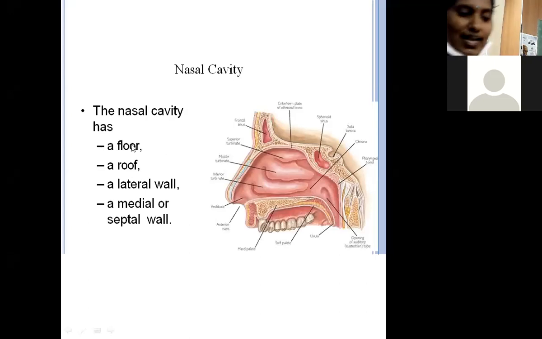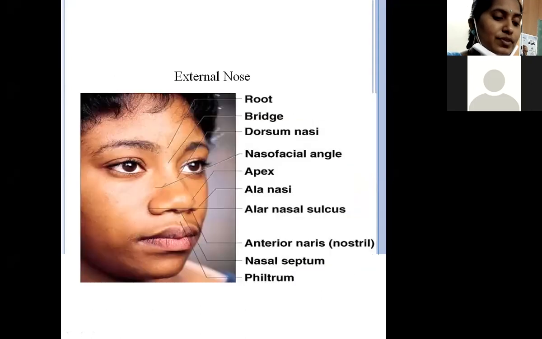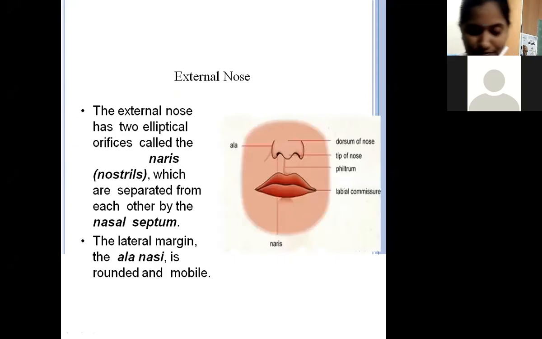So if you see the nasal cavity, the interior of the nose is called the nasal cavity. The nasal cavity is divided into two symmetrical halves by the medial septum, that is the nasal septum.